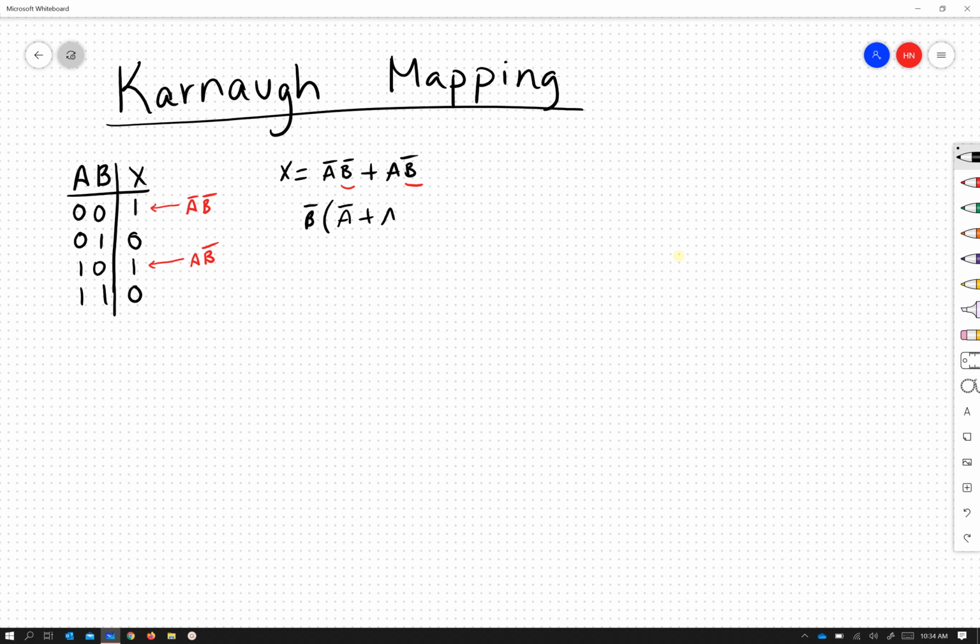Inside the parentheses, we would have the not A from the first term and the A from the second term. Then we use the opposites through an OR gate theorem to simplify this to a 1. So then we would have not B ANDed with a 1, and we again use the theorem of an AND gate with a 1. It just simplifies to not B.